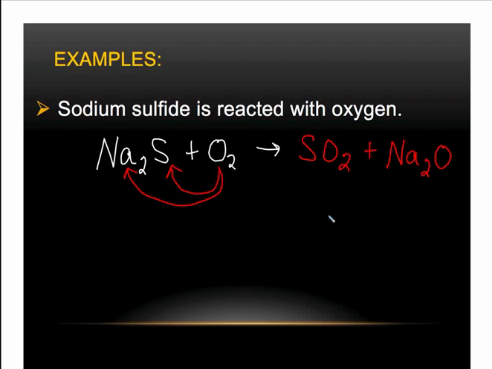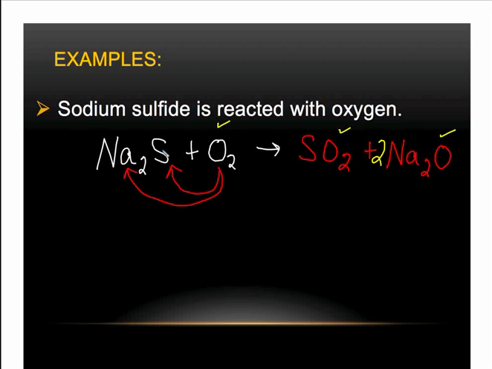And then we would have to balance this puppy. There's no dissociation, nothing like that. So I have 2 here and 2 here. The sodium's fine, but I have 2 oxygens and 3 oxygens and a sulfur. I can tell right off the bat this one's going to be a tough one.